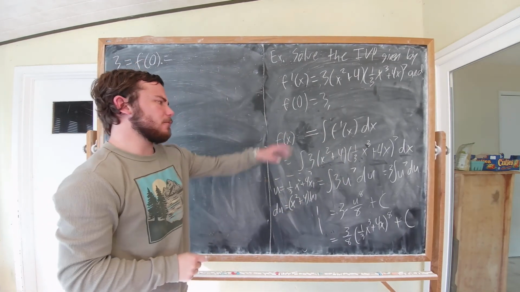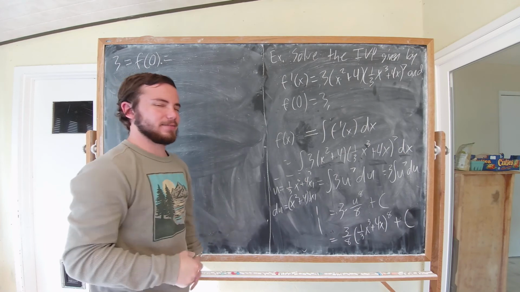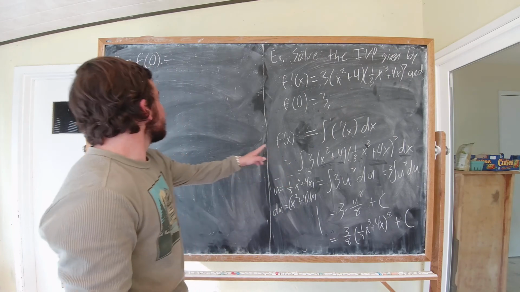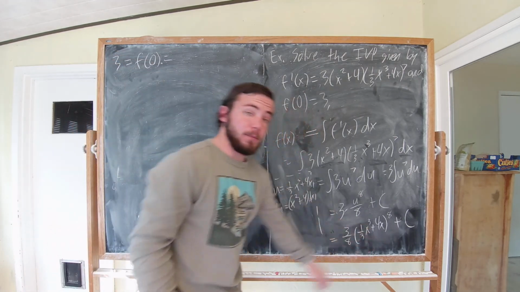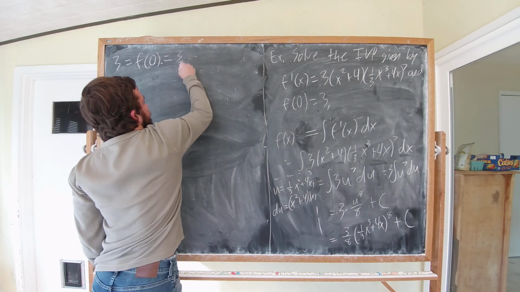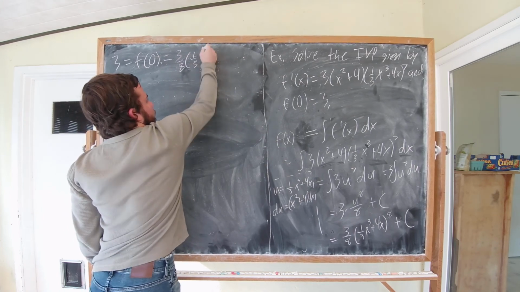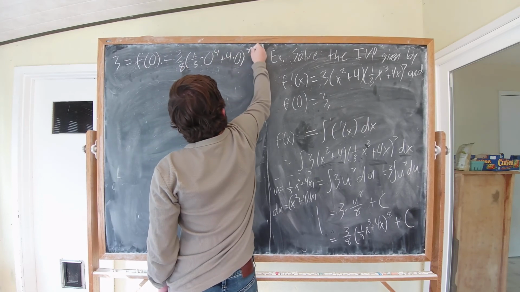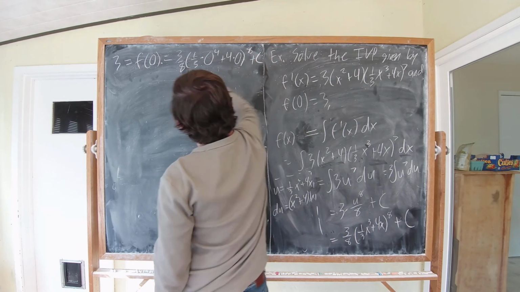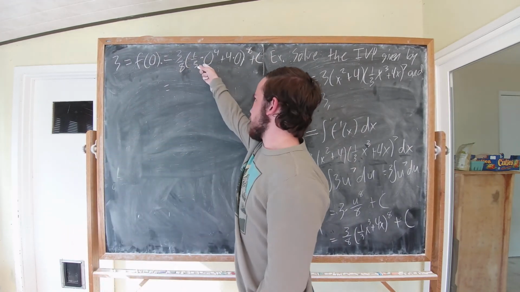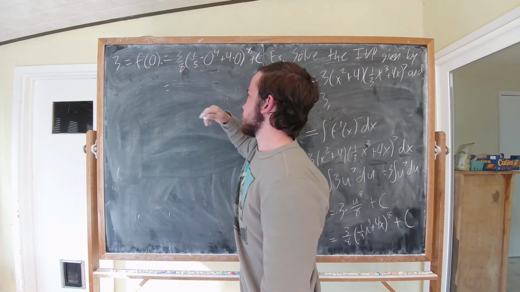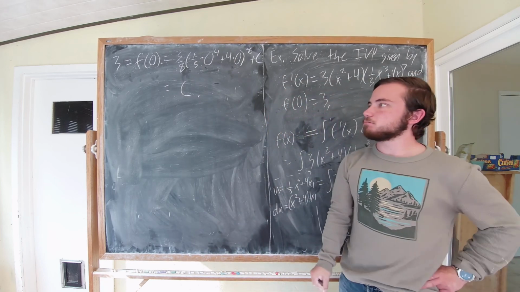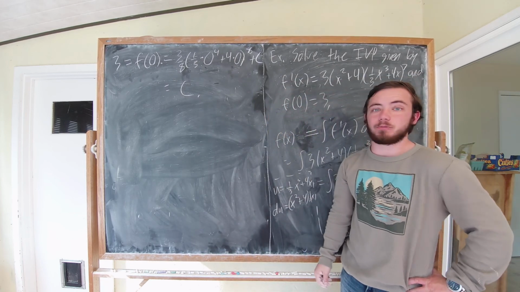Anyways, it's just f of x. Okay, so what is f of 0? f of 0 is 0 plugged into this thing. Zero, so this whole thing's 0, that's all 0. Plus c. Sweet, so we already get told what c is for free.